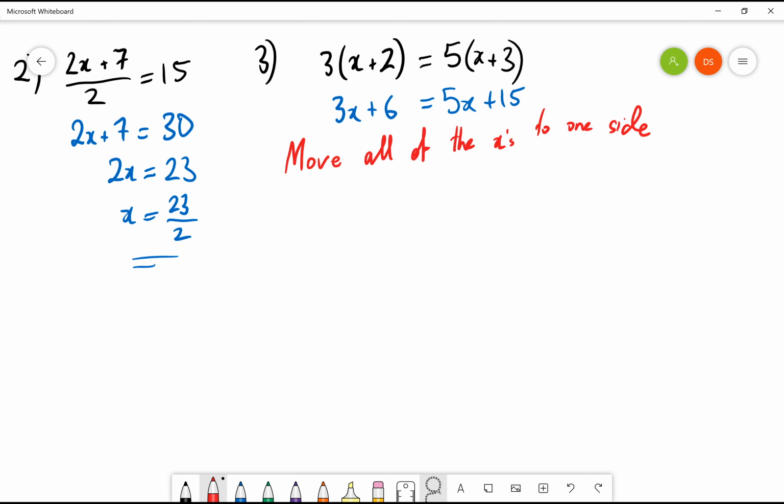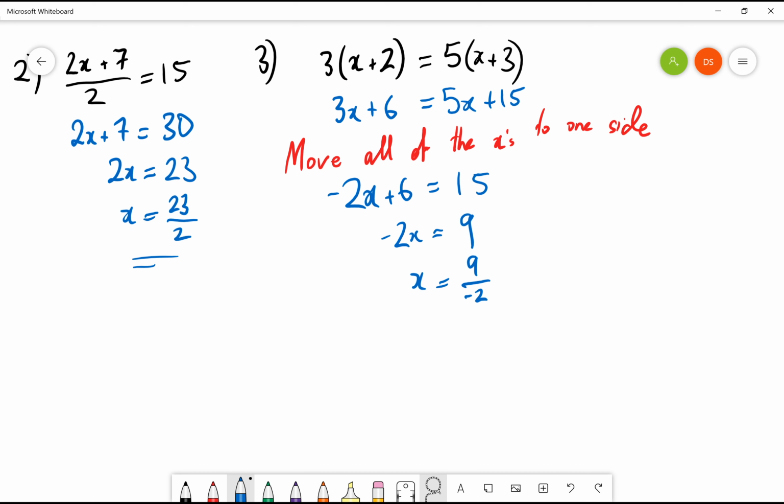So I will go 3x take away 5x, negative 2x plus 6, 15. Then I take away 6 from both sides. 15 take away 6 is 9, and then I divide both sides by negative 2.